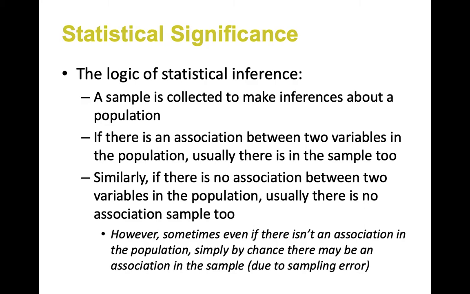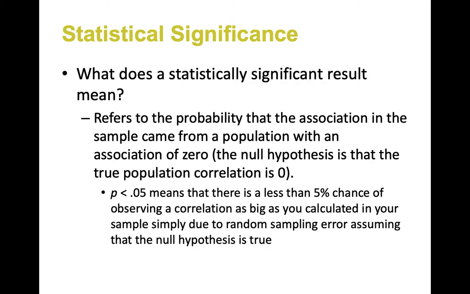So calculating statistical significance helps researchers evaluate the probability that the result could come from a population in which the association in the population is actually zero. So in some ways, we're trying to rule out that the true correlation in the population is zero.